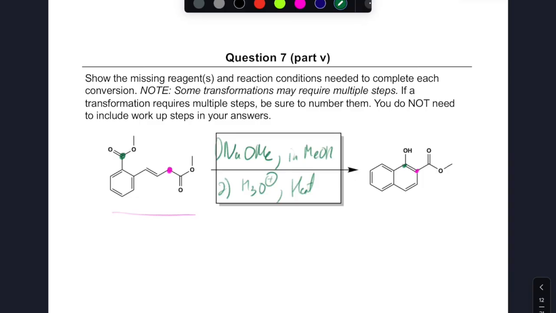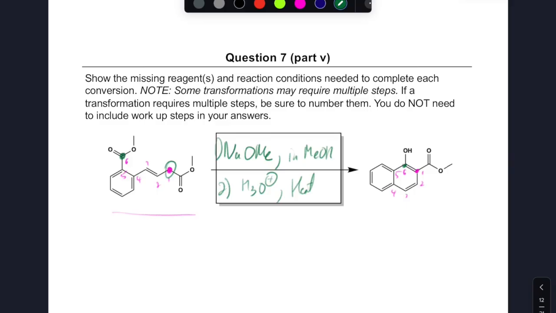So the green center is my acceptor, the pink center is my nucleophile, that's my donor, and then effectively carbons 1, 2, 3, 4, 5, and 6 make up carbons 1, 2, 3, 4, 5, and 6. So this is a Claisen reaction effectively. So what we're going to do is make the enolate at this center and do nucleophilic coupling.